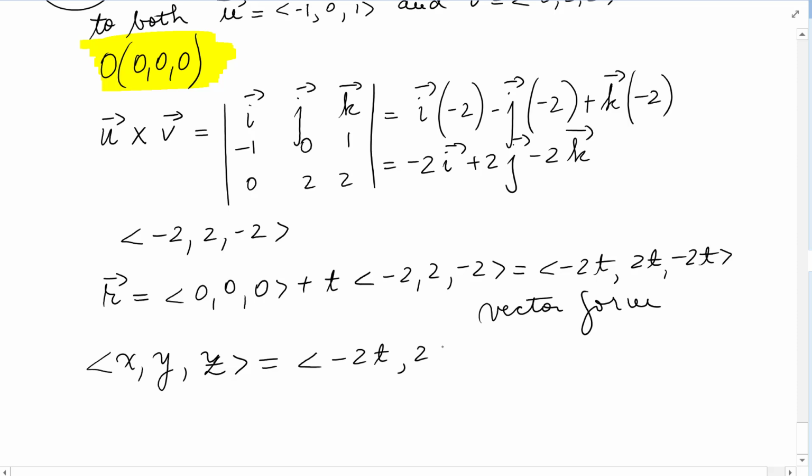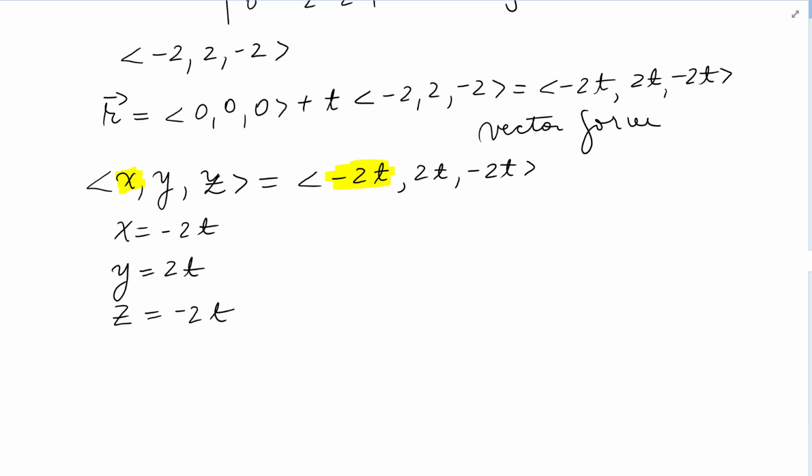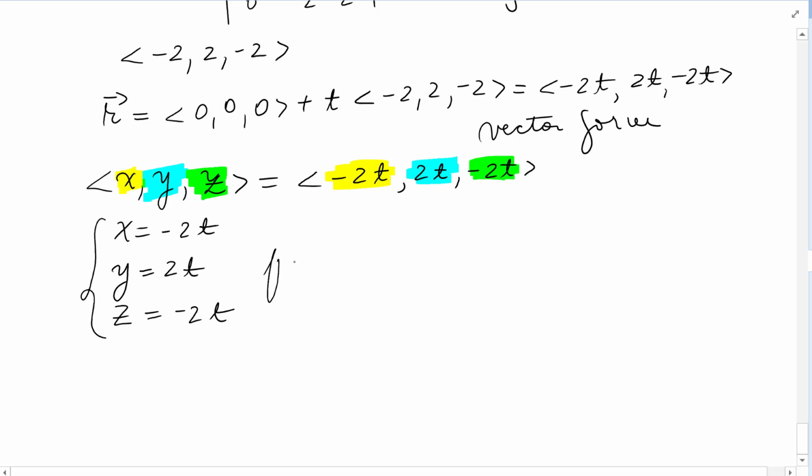So we equate them. So we get x equals -2t, y equals 2t, and z equals -2t, right? x, y, and z. And this would be the parametric form.